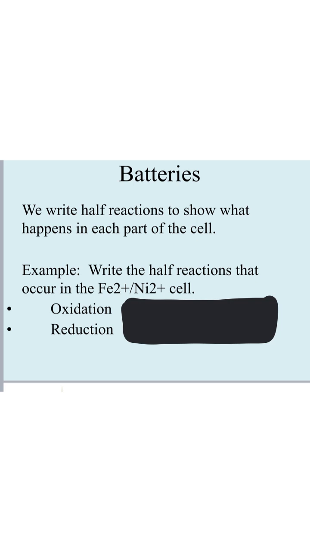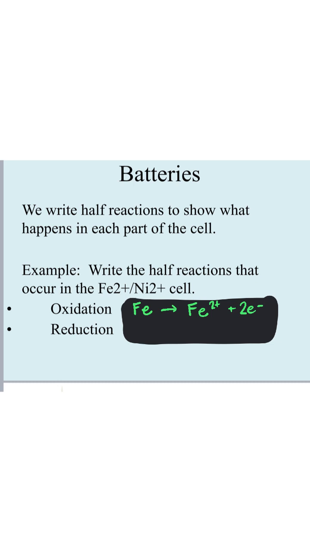All right, you'll notice that iron is more reactive, and so it tends to lose electrons, whereas nickel is less reactive, so it's going to gain the electrons. So if iron is losing the electrons, Fe is going to become Fe2+, and its 2 electrons are going to be removed.